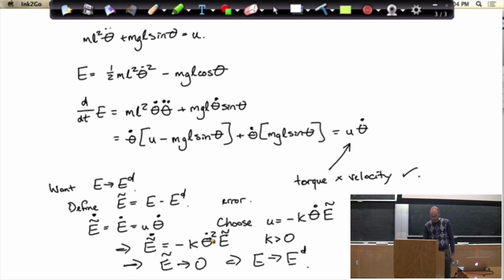As long as I don't stay with theta dot equals 0, right? And we'll write that more carefully soon, but let's just get the idea across. So if I start here in the downward configuration, then I'm going to stay there, because theta dot equals 0, I'm never going to get out of it. But for any other initial condition, I'll have some theta dot. Even if theta dot goes to 0 temporarily, it's going to come back out, and so theta dot won't stay 0. I'll regulate my system, and I'll have some control that will drive my energy towards energy desired.